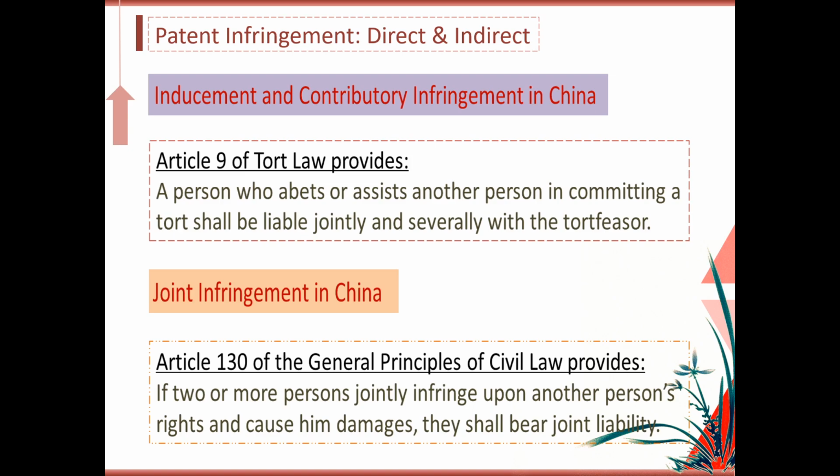So it is just economically impossible to sue individual infringers in the digital environments in particular.